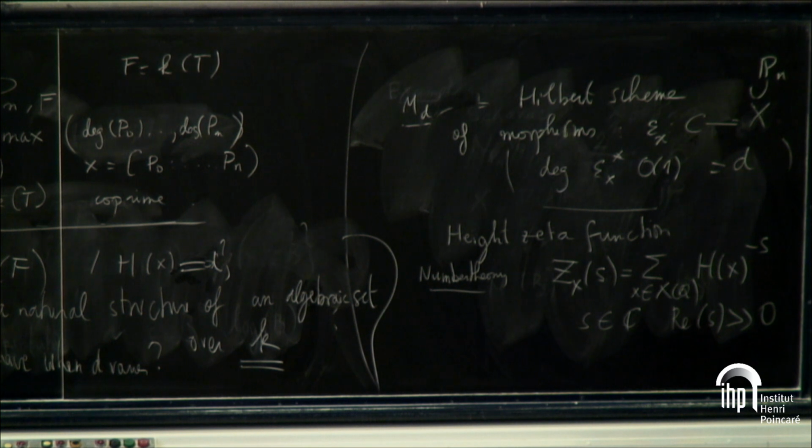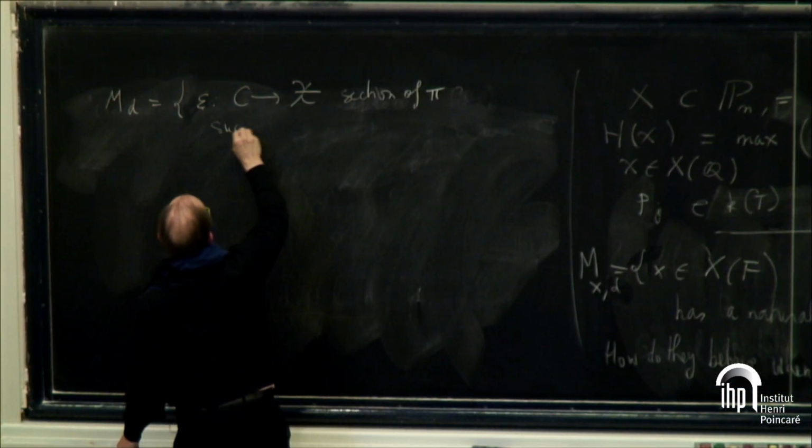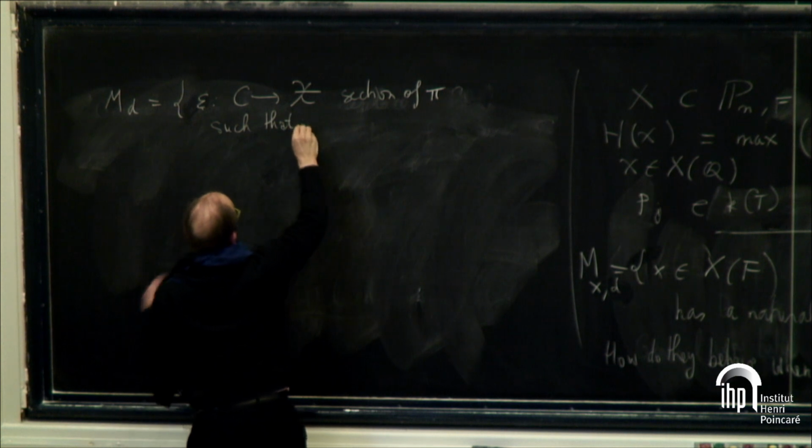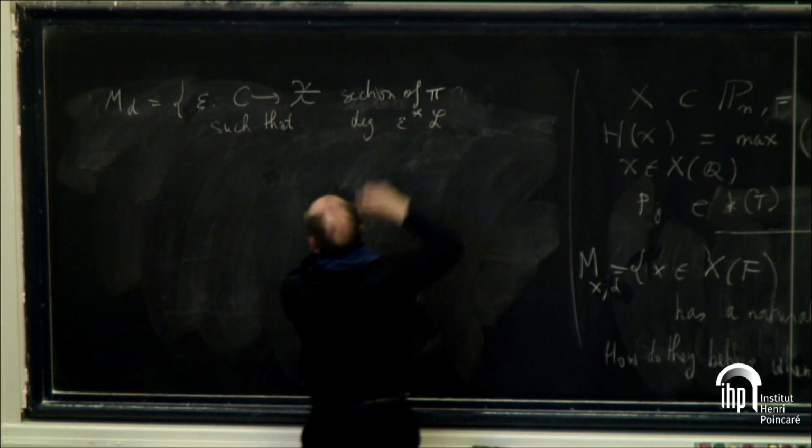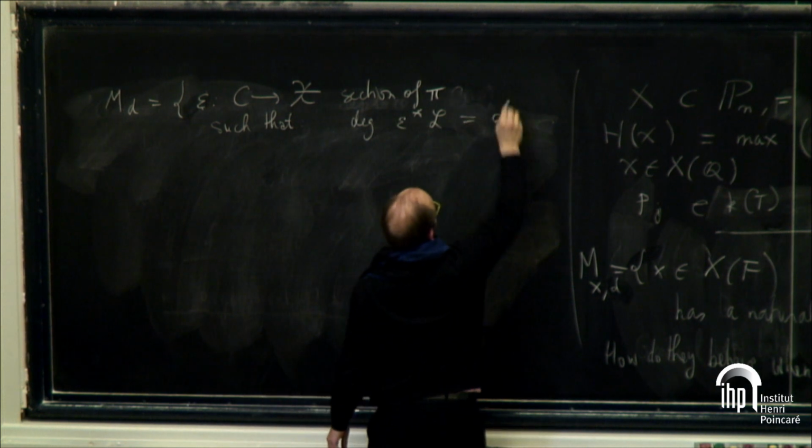so now for every integer d, one can consider the set of sections epsilon from C to curly X, sections of pi, such that, first of all, the degree of epsilon upper star L is d, so this is a height condition.